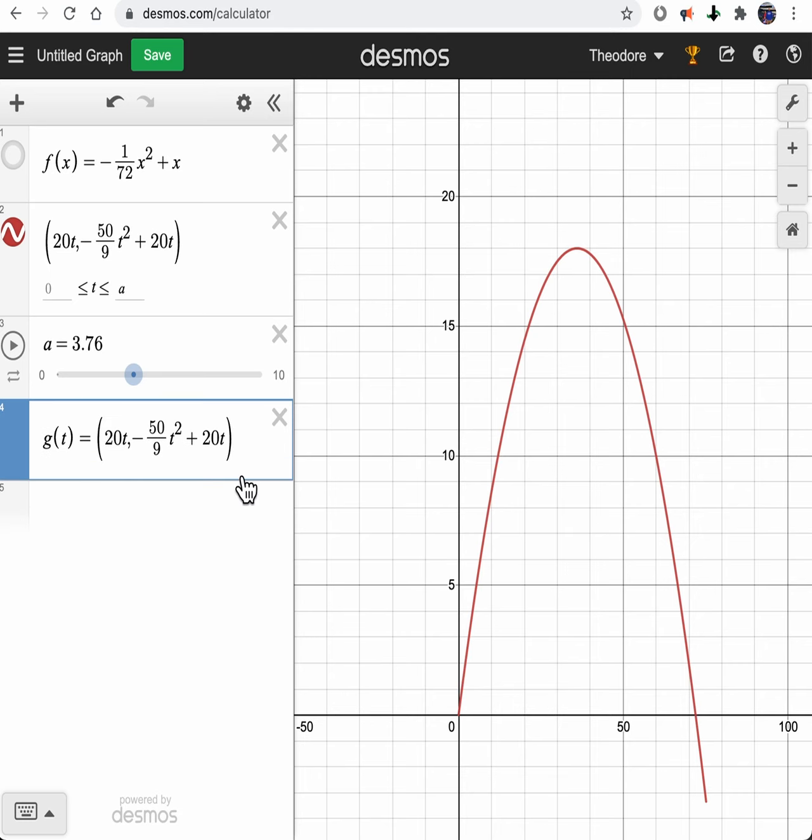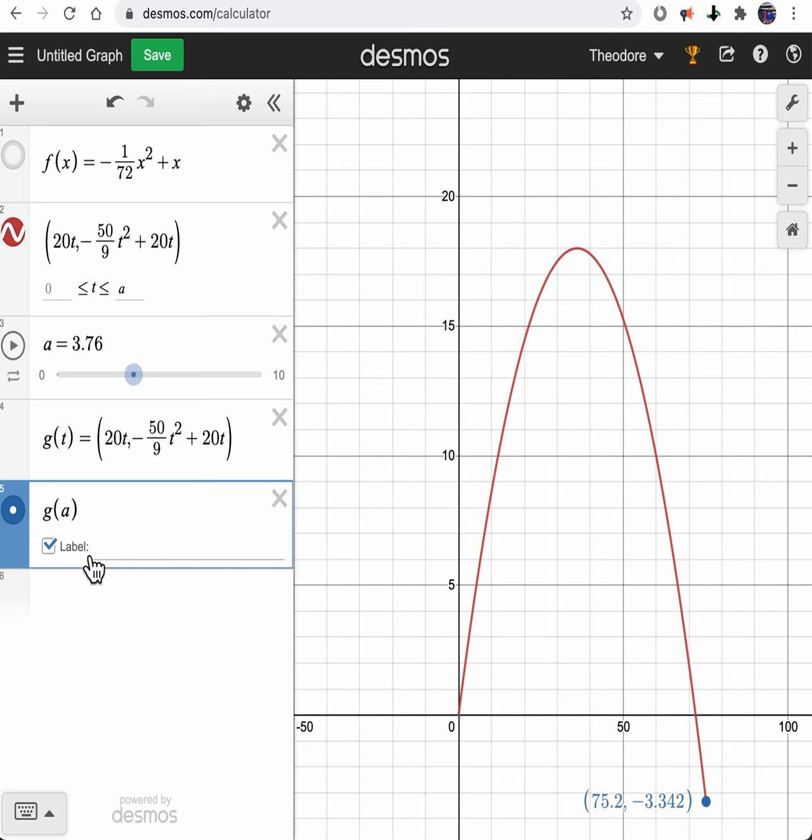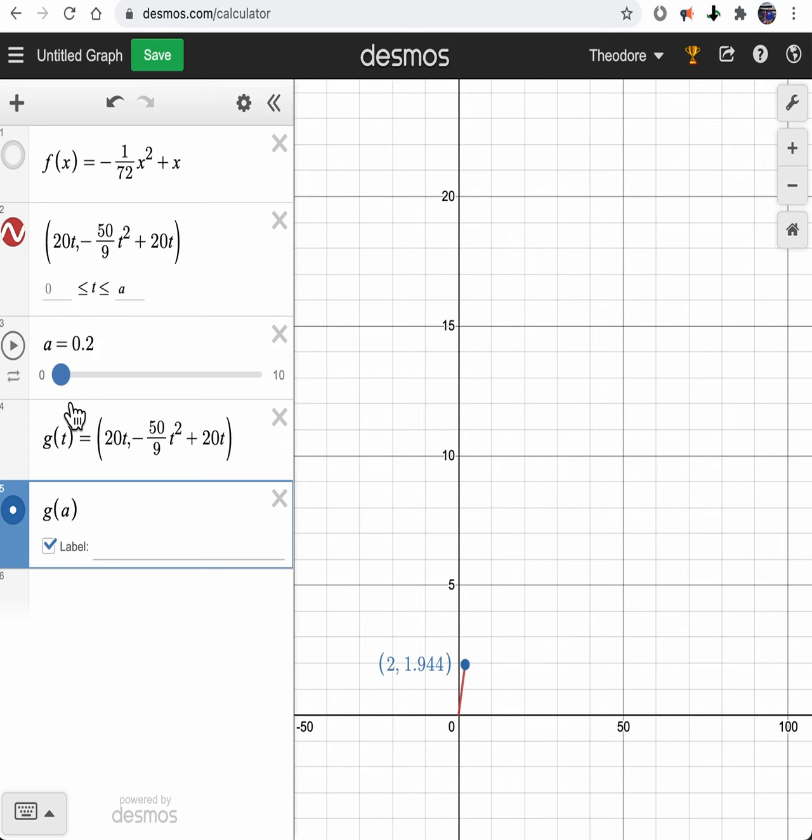All right, which at first glance doesn't seem to really do anything, but if I evaluate my g function at some point A and click on label, then I can slide my slider and it'll report out the ordered pair at each point.